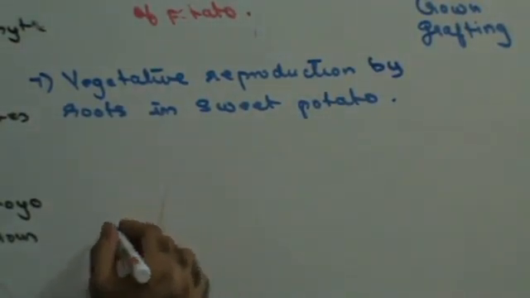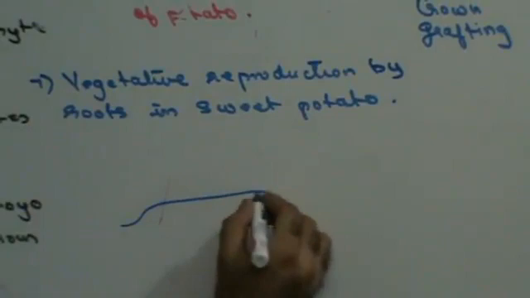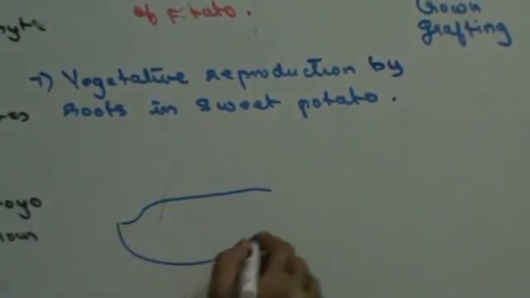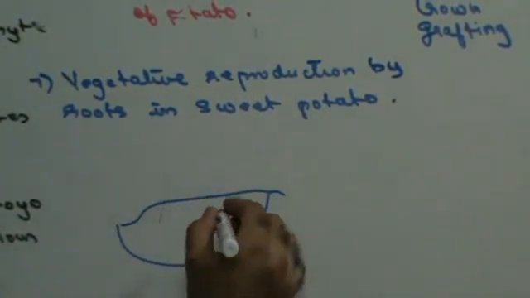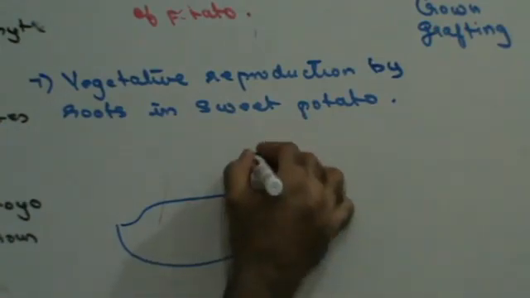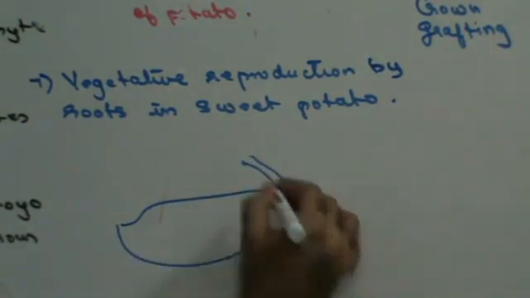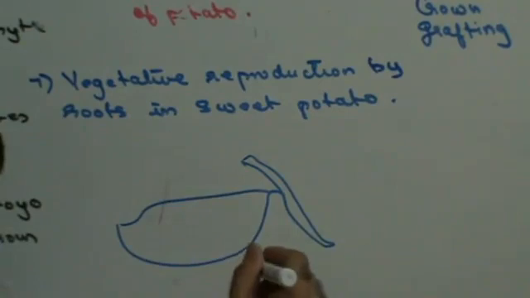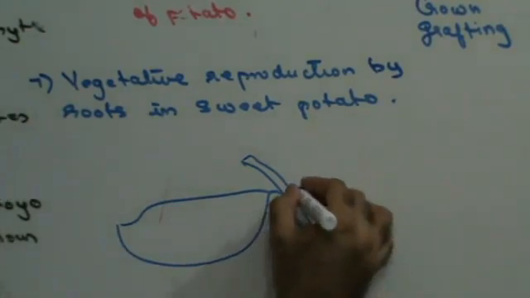If you were to see this, it would be something like this. You would have the sweet potato, stem, and then you would have leaf here.